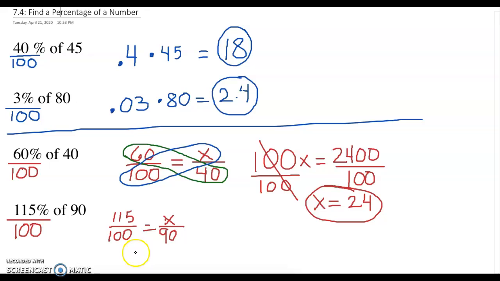So you're going to have 100x equals 10,350. Just like how we did up here, we're going to solve for the variable.